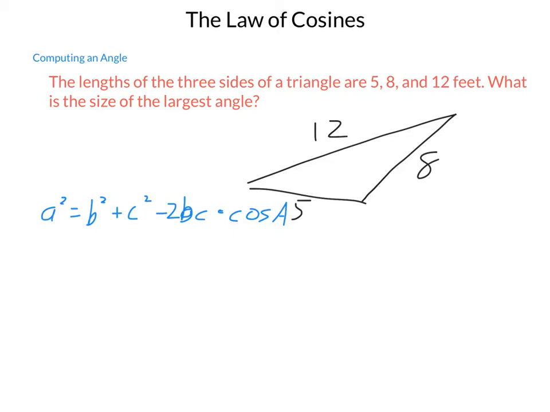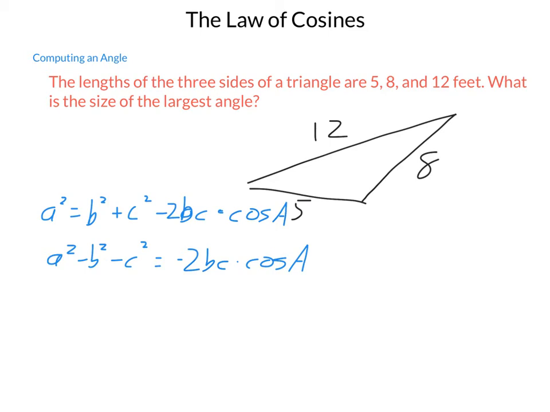Well, solving in order to get this portion by itself, our first move would be that A squared minus B squared minus C squared would be a negative 2BC times the cosine of A. So we got rid of that addition. Next, I need to get rid of this multiplication that's going on here.